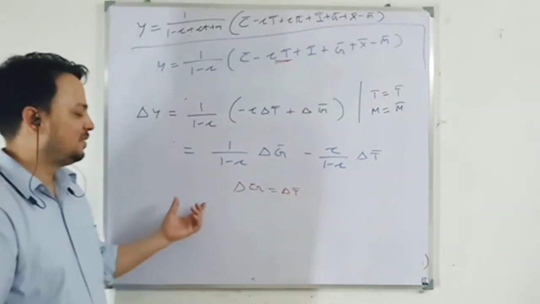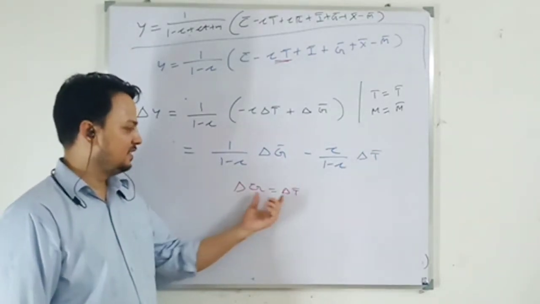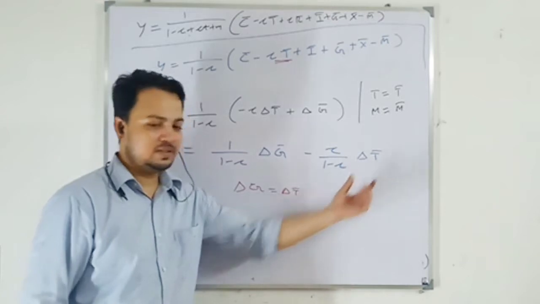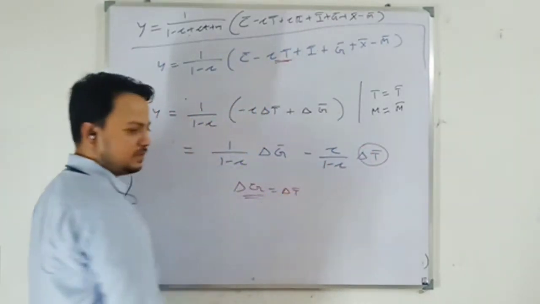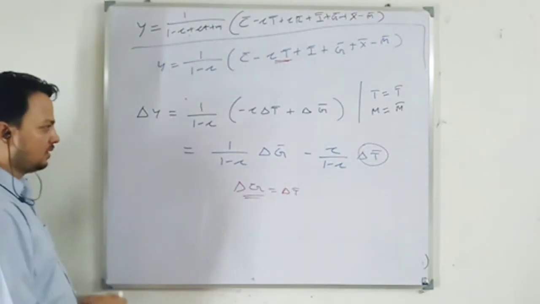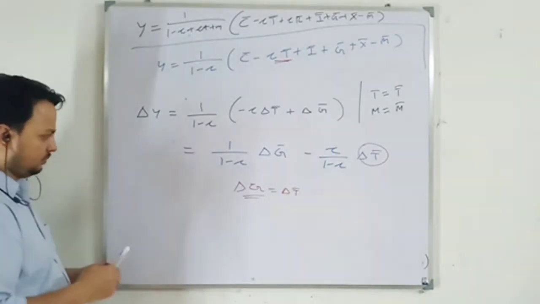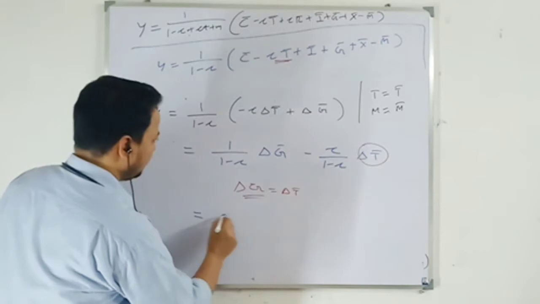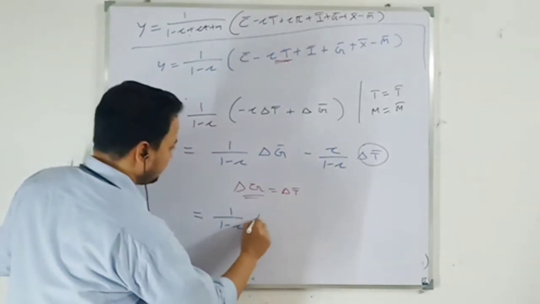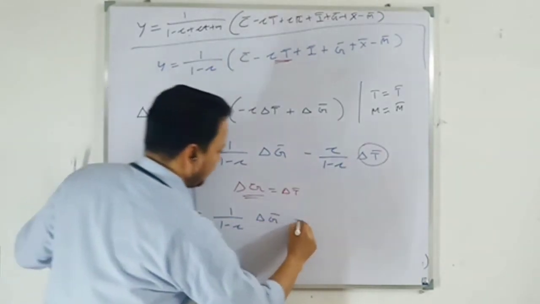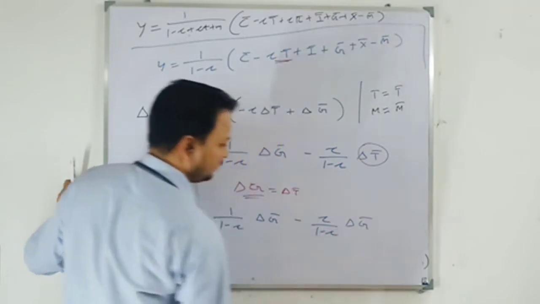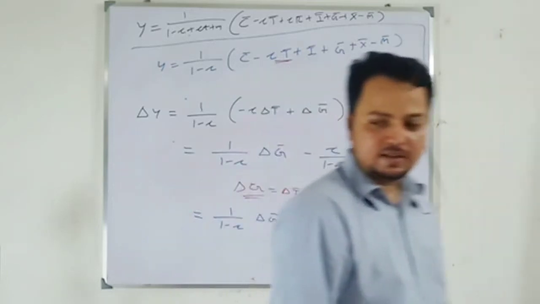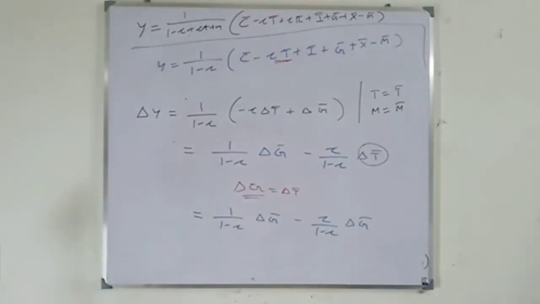Since the budget is balanced, change in G equals change in T. So in place of this, I substitute this term. Do it. Which equals 1 over 1 minus C change in G bar minus C over 1 minus C change in G bar. Take change in government expenditure common.